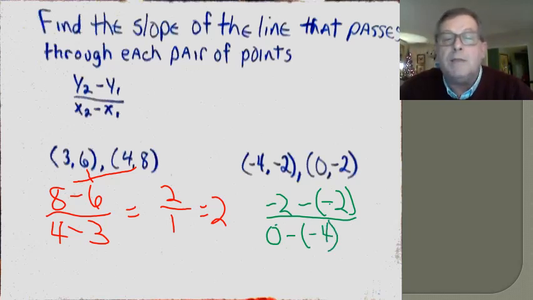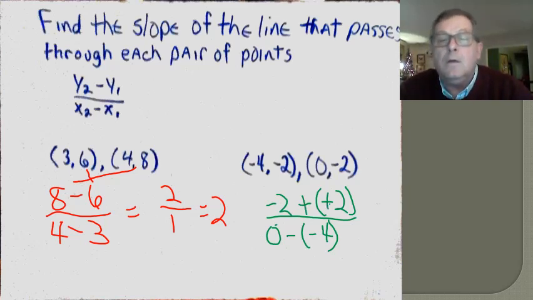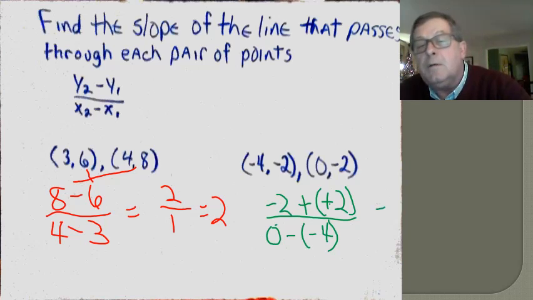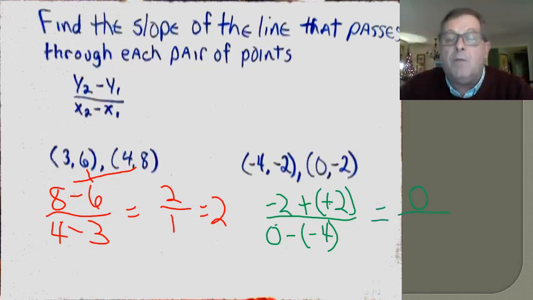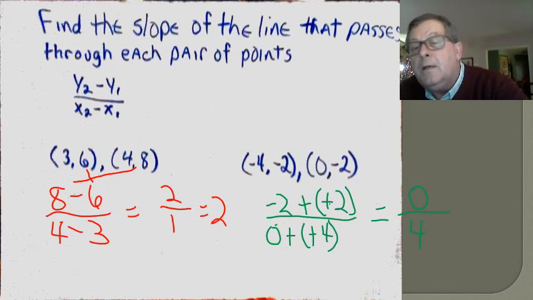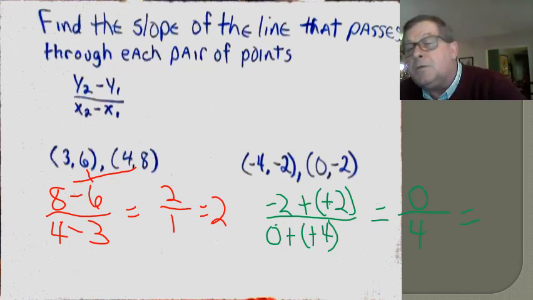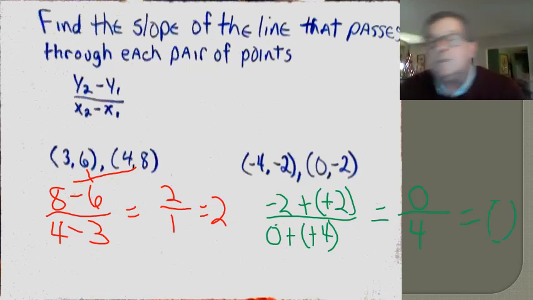Okay, so -2 minus -2, which is going to make that a plus. Well, that's going to give me a 0. And 0 minus -4, well, that's going to make those a plus. So it's 0 over 4. Well, any number I try to divide into 0 is going to give me 0.